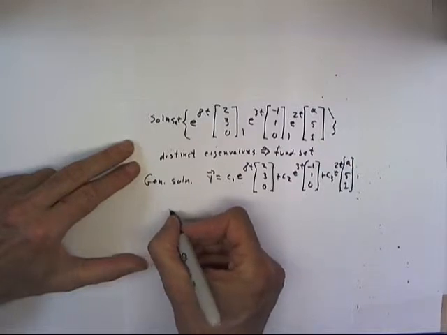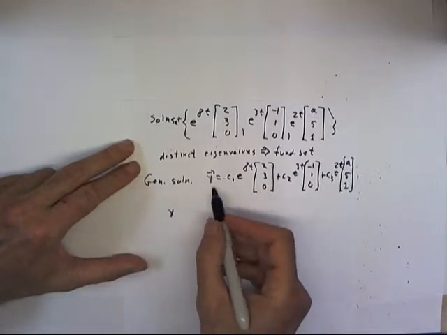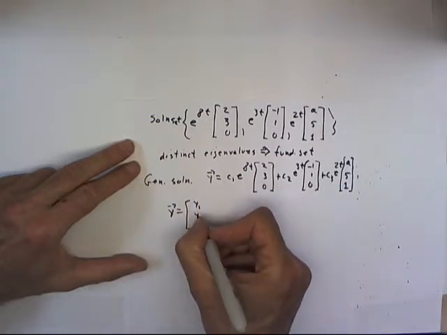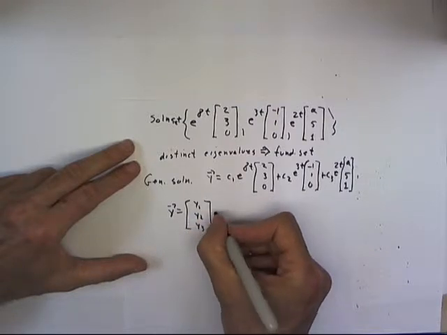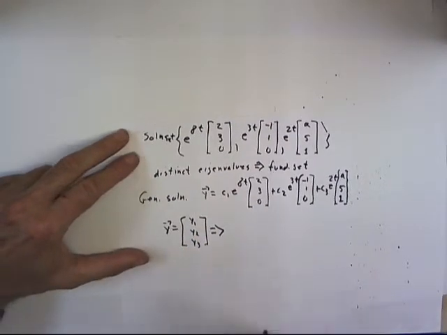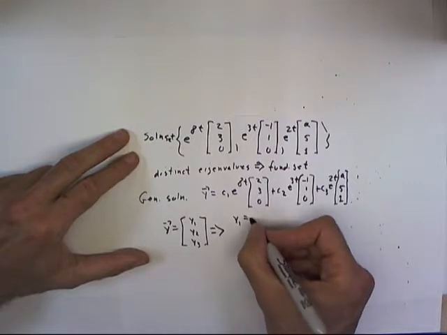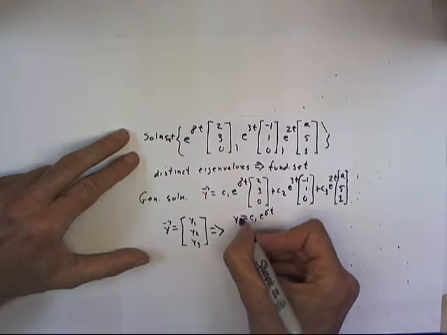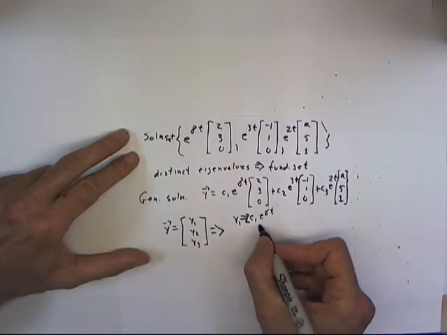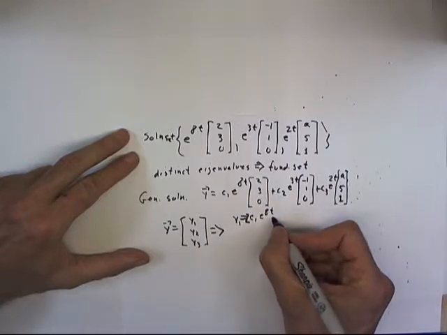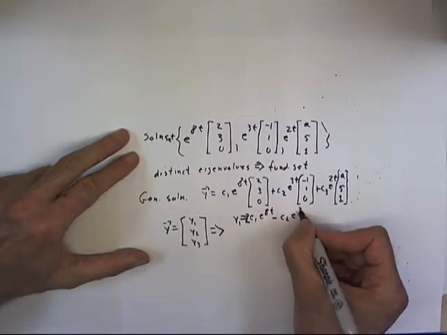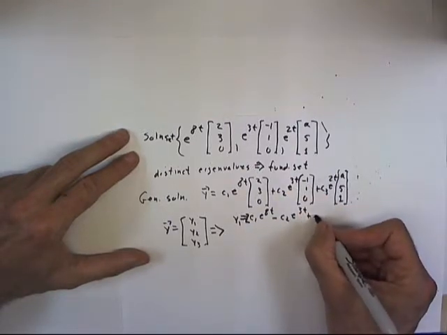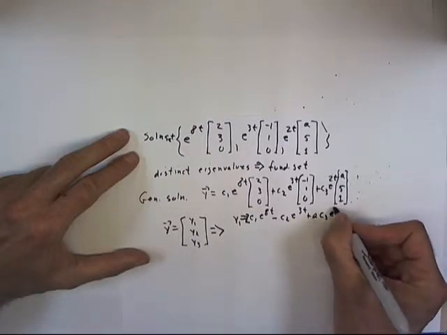So, of course, this y is just our y1, y2, y3 vector, from which it follows that our y1 is of the general form 2c1 e to the 8t, I didn't write my 2, I'm going to make that kind of sloppy, minus c2 e to the 3t, plus any constant times c3 e to the 2t.